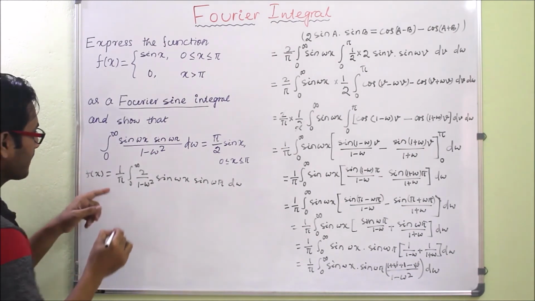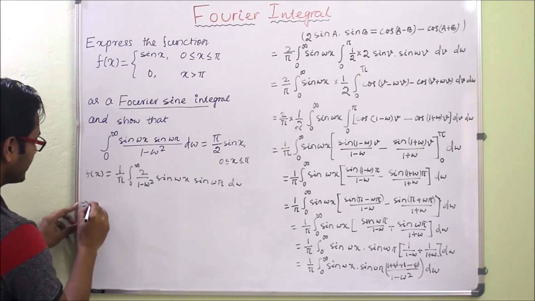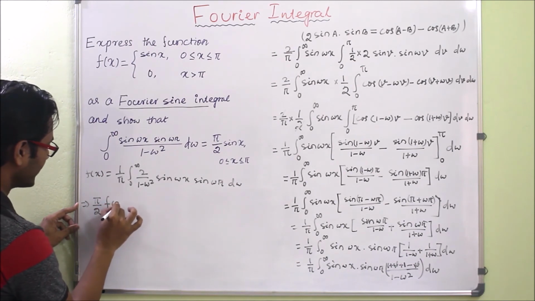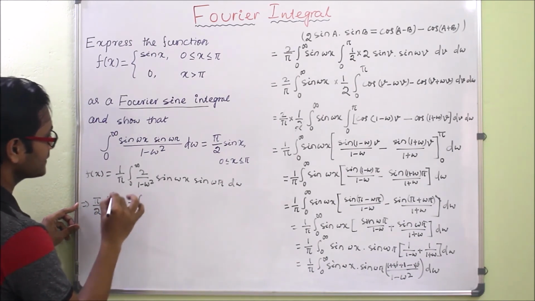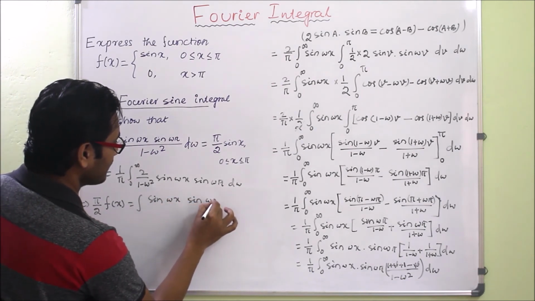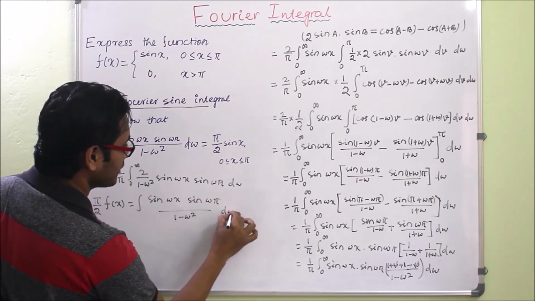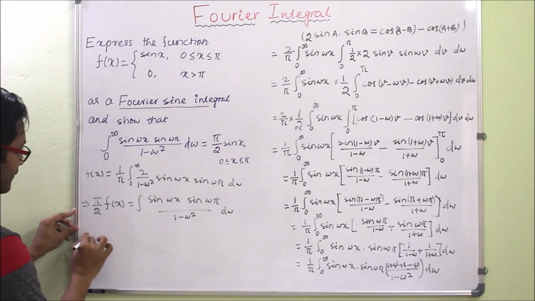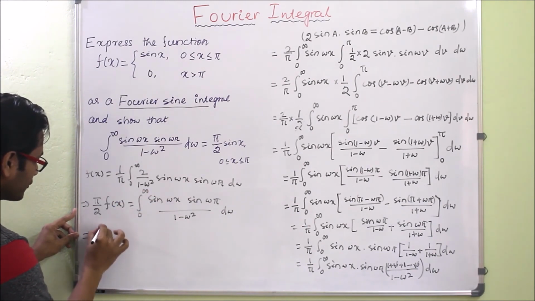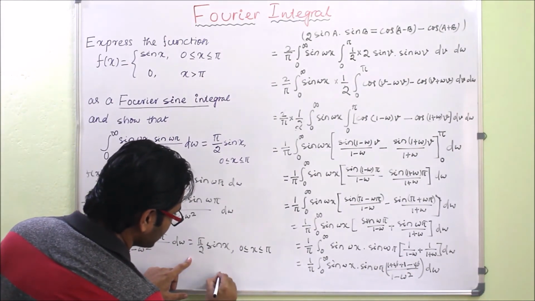Now if we take this 2 outside and take it to the left side, it will be pi by 2 times f of x equal to the integral of sine wx sine w pi by 1 minus w square dw. Okay. So finally this integral is from 0 to infinity. So in this way we can prove the statement.